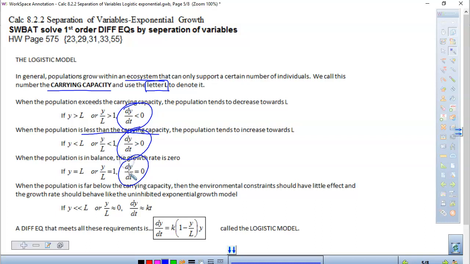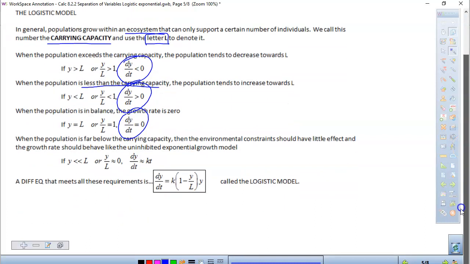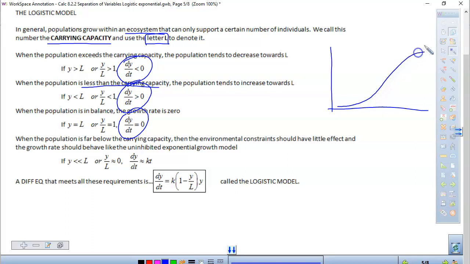When the population is really, really far below the carrying capacity, that's this part of the curve. You remember the carrying capacity curve kind of looks like this. When it's really far below, what is it experiencing here? Exponential growth, which we just went over.